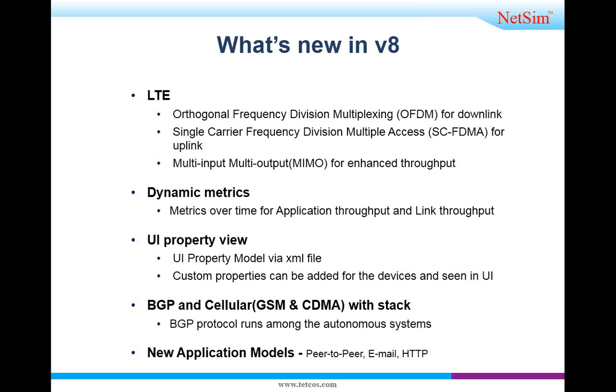And BGP and cellular network is there, GSM and CDMA with stack. And new application models are added, peer-to-peer, email, and HTTP. So, like I've told you that some traffic generation can be done on nodes. So that peer-to-peer, email, and HTTP have been added newly in the latest version.